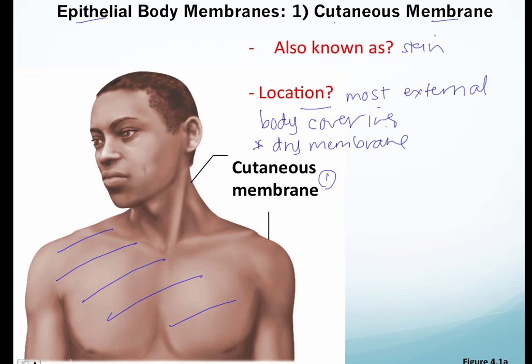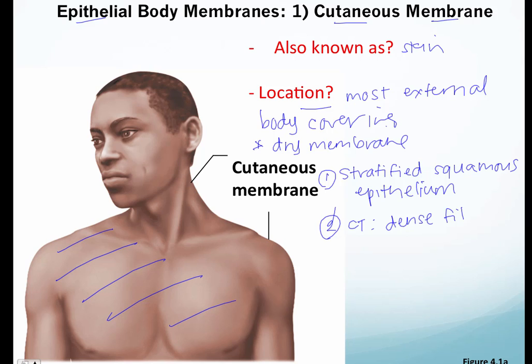And so in cutaneous membranes, in our skin, the specific type of epithelial tissue we have is stratified squamous epithelia, and number 2, the connective tissue we have is dense fibrous connective tissue which lies directly underneath our stratified squamous epithelium.